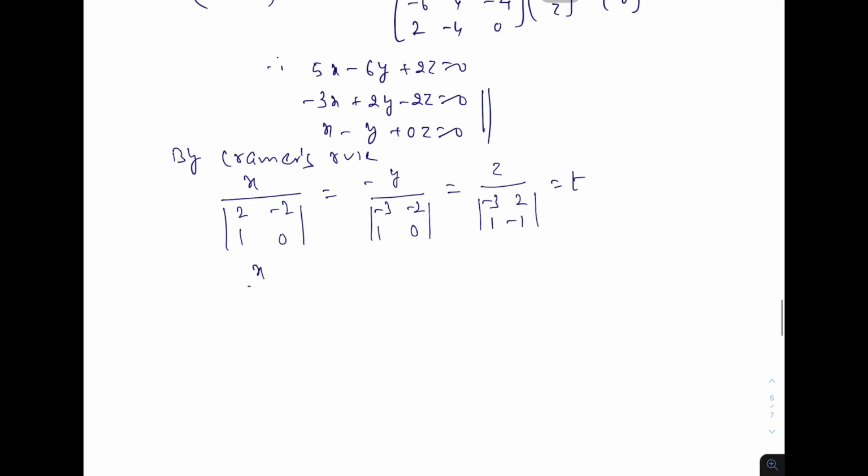So this is x over 0 and minus minus plus, so 2; minus y over again 2; equal to z over, this is 3 minus 2, so 1.